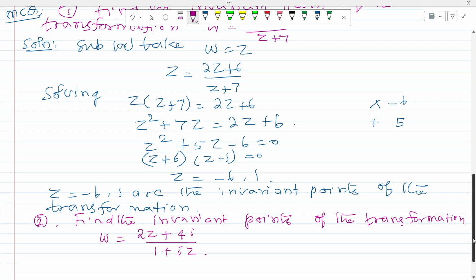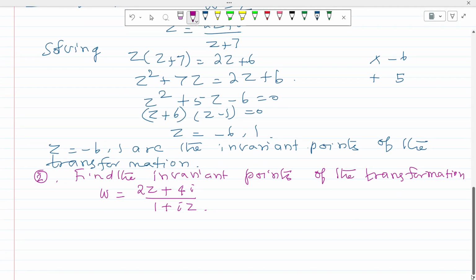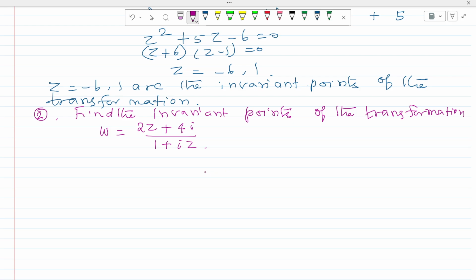Find the invariant points of the transformation W equal to (2z plus 4i) divided by (1 plus iz). Now, how can we solve that? Similarly, like the last problem, we substitute.